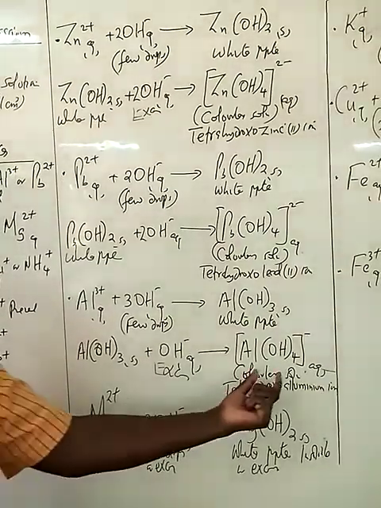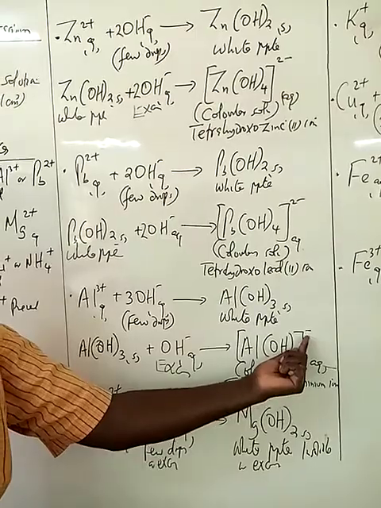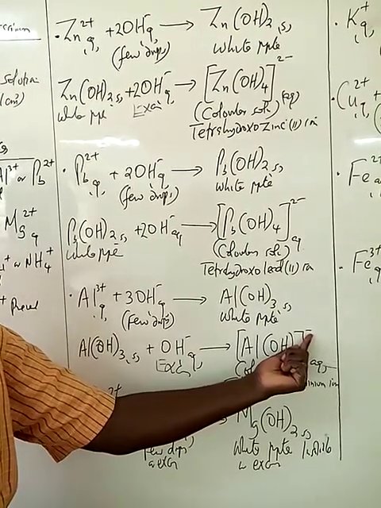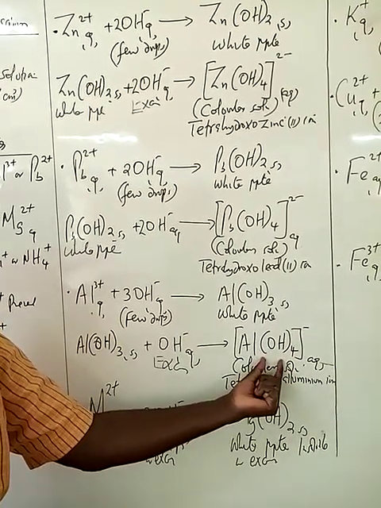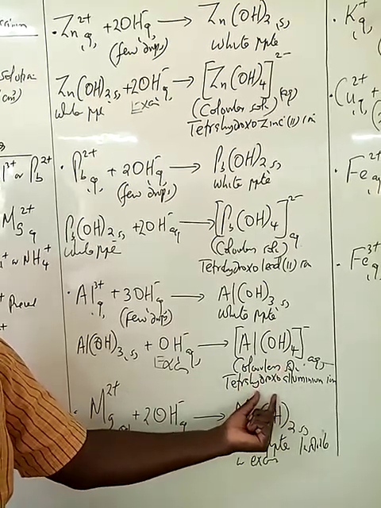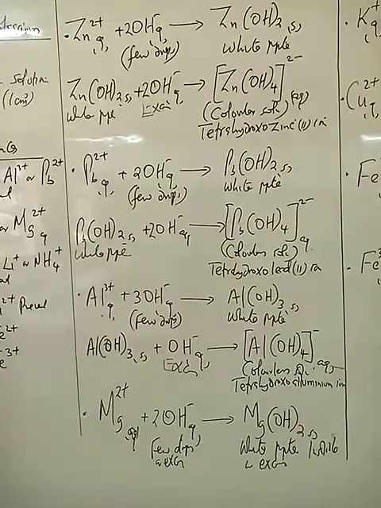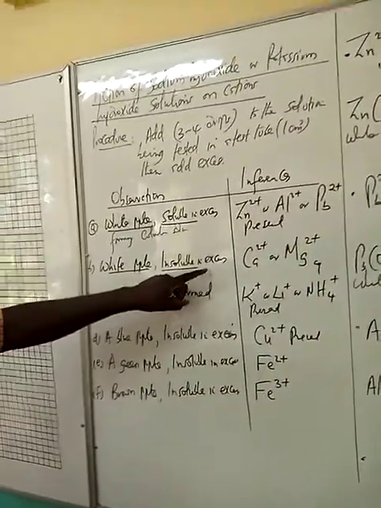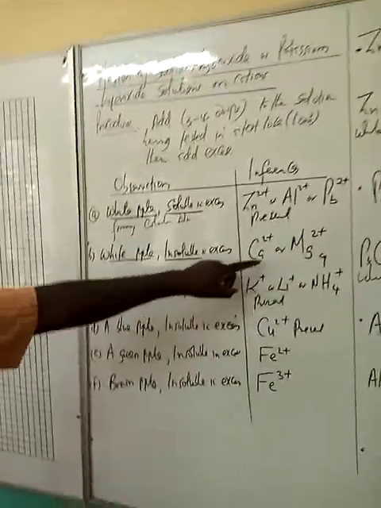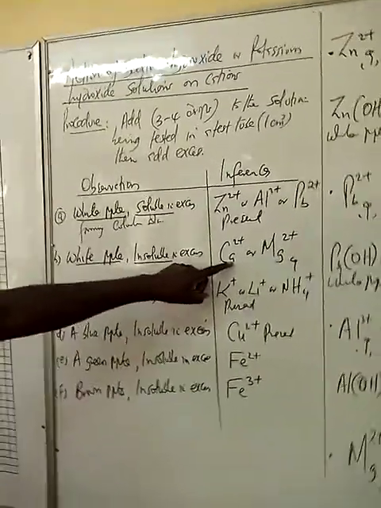Look at the formula, having a negative charge of 1. And this is the formula for tetrahydroxoaluminium ion.